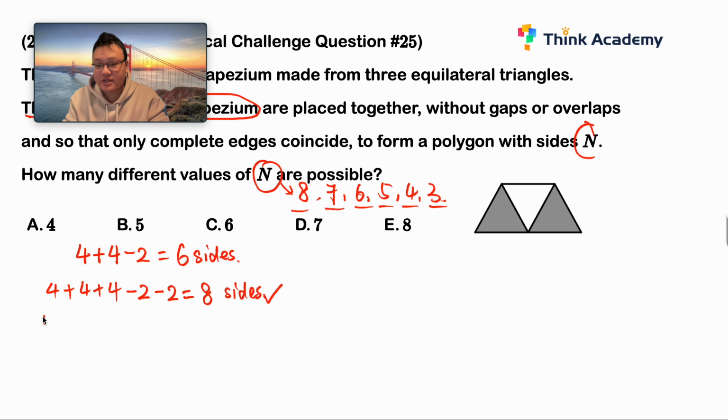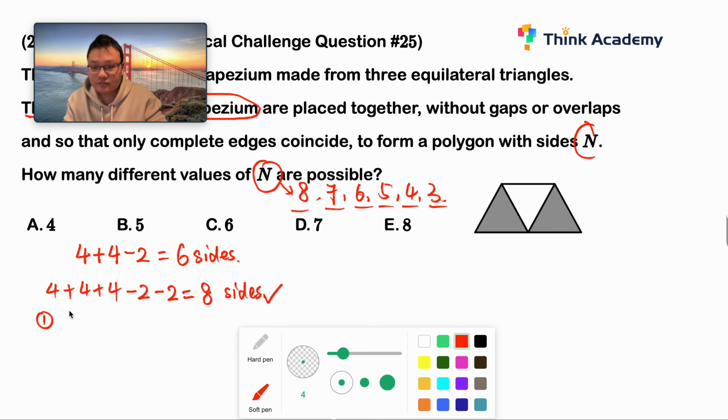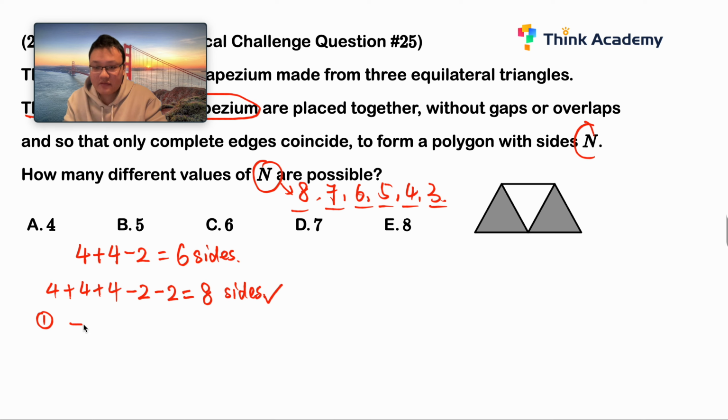Let's see, as for this 8 one, we can get that by putting this trapezium here. Okay, let me find some place to do that. So we can have this regular hexagon first, which is gonna look like this. Okay, this is a regular hexagon, and that one we got 6 sides.